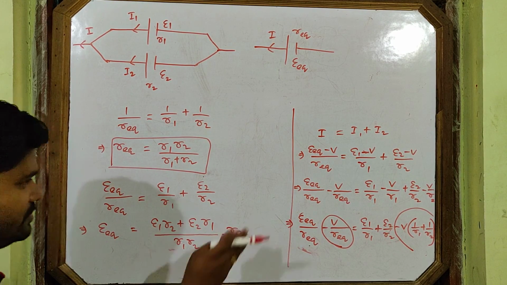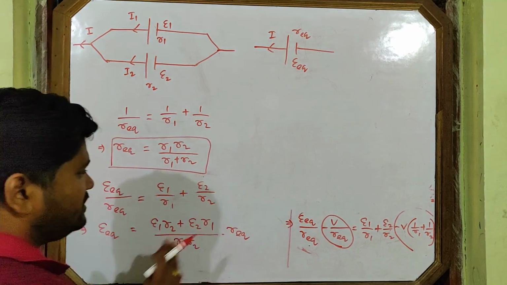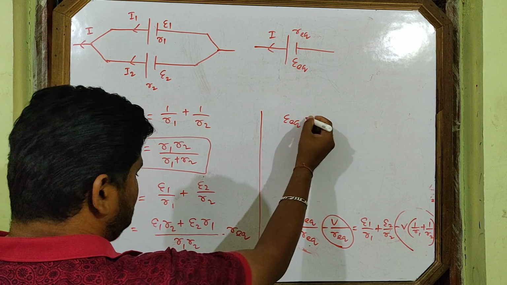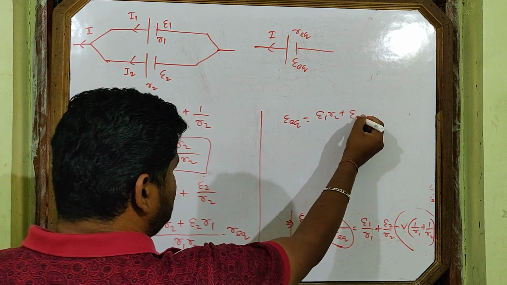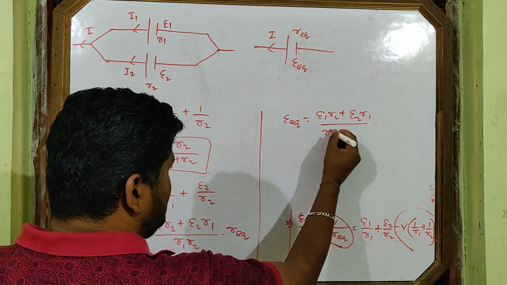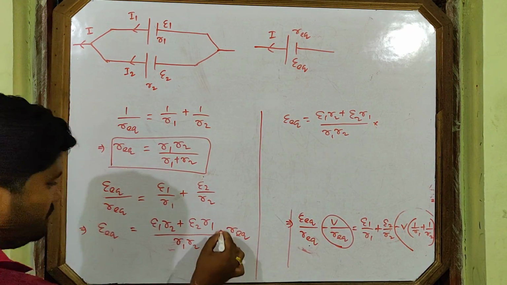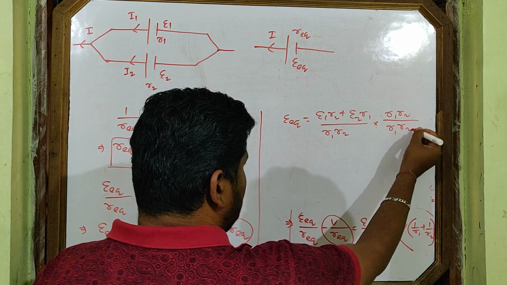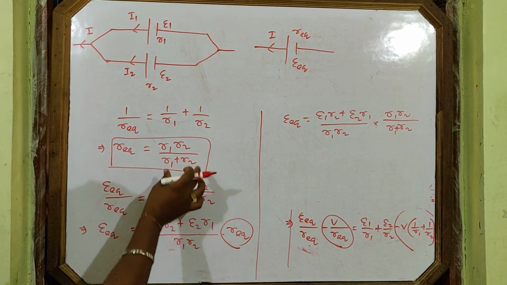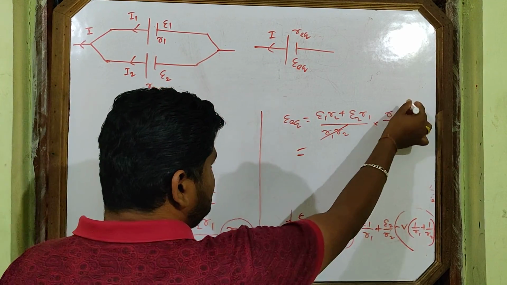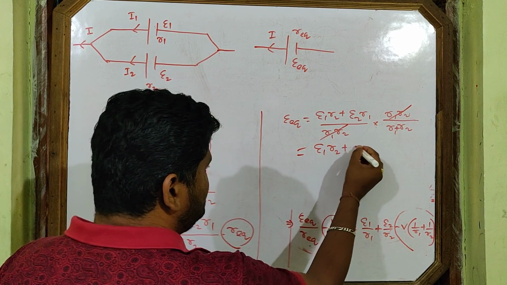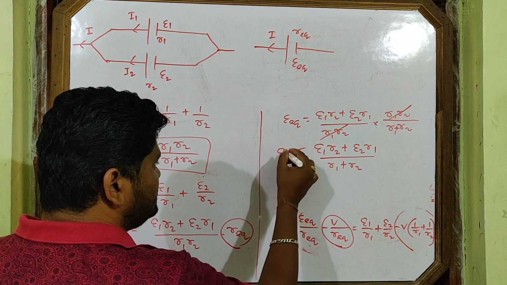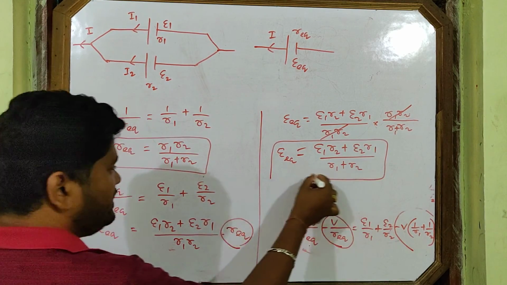Now put R equivalent here: R1 R2 by R1 plus R2. So this cancels, and we get E1 R2 plus E2 R1 divided by R1 plus R2. This is E equivalent, the net EMF.